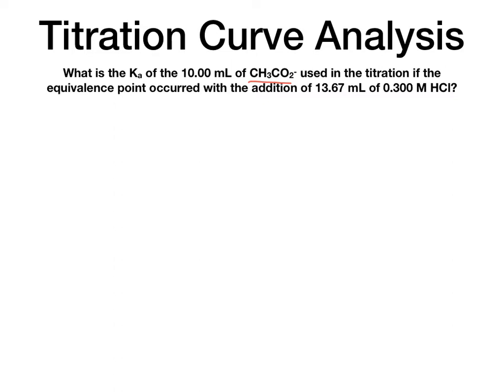We are going to use the fact that the pH is equal to the pKa at what is known as the half equivalence point. And I am going to work through this example to prove this.